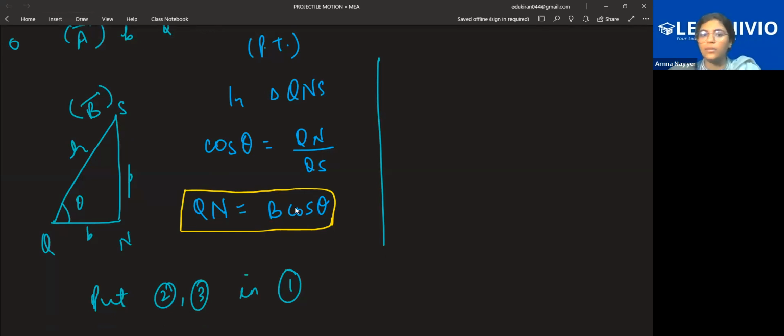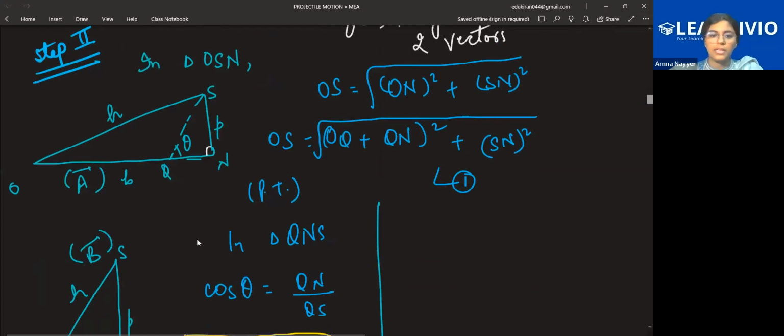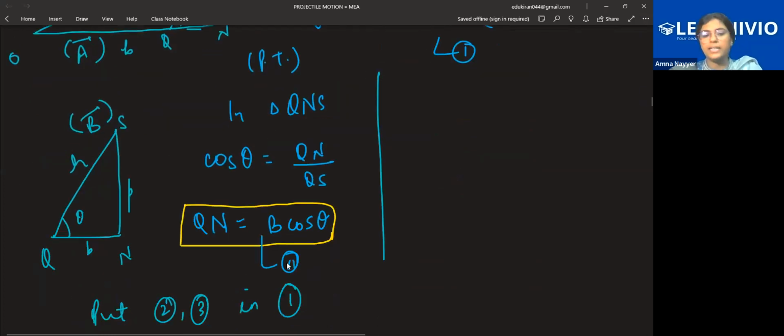So what all equations do we have right now? Let us at least see the equations that we are having. One was the main equation. This is our first equation. This will now become our second equation. Now let's come to this triangle once again.